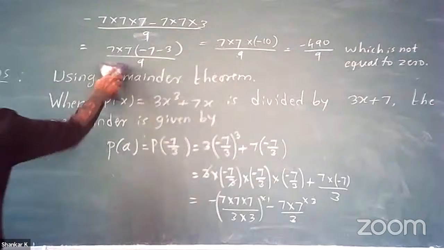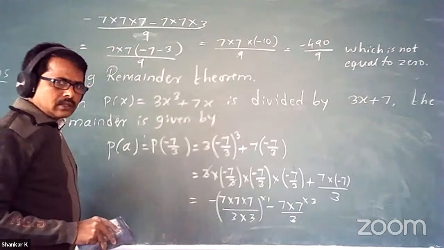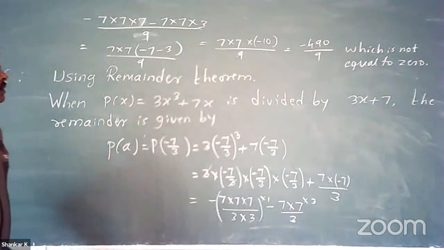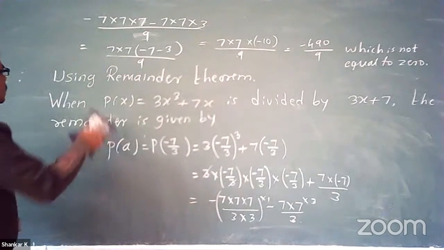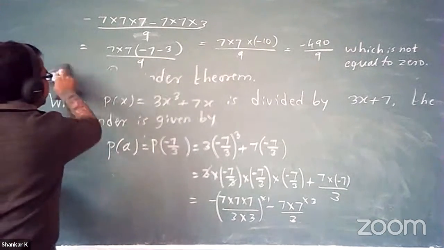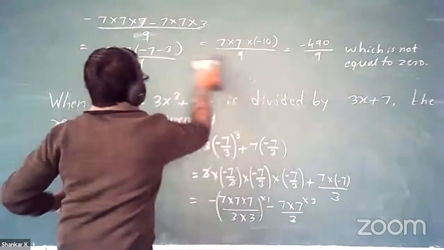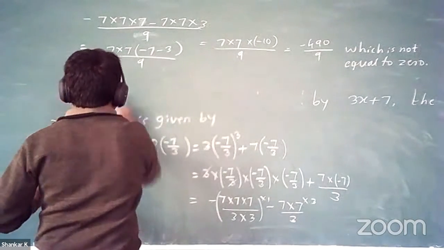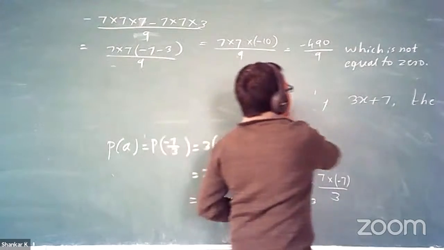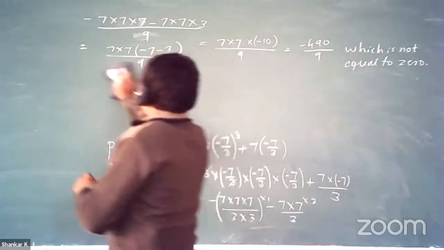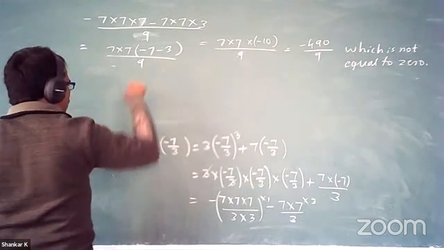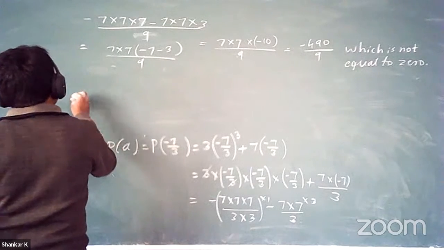Are you writing? Last sentence we should write: if the remainder comes 0, it is a factor, otherwise it is not a factor.